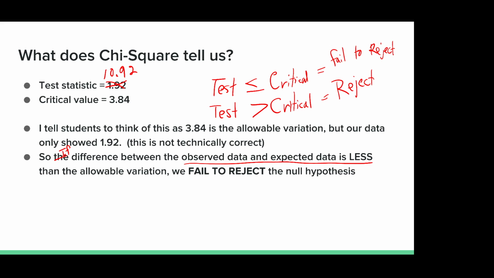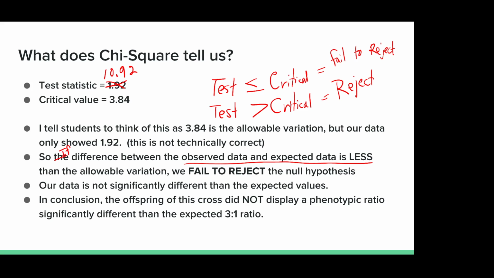Don't accept. But we fail to reject the null hypothesis. Therefore, our data is not significantly different than the expected values. So they could be different, but they're not significantly different.